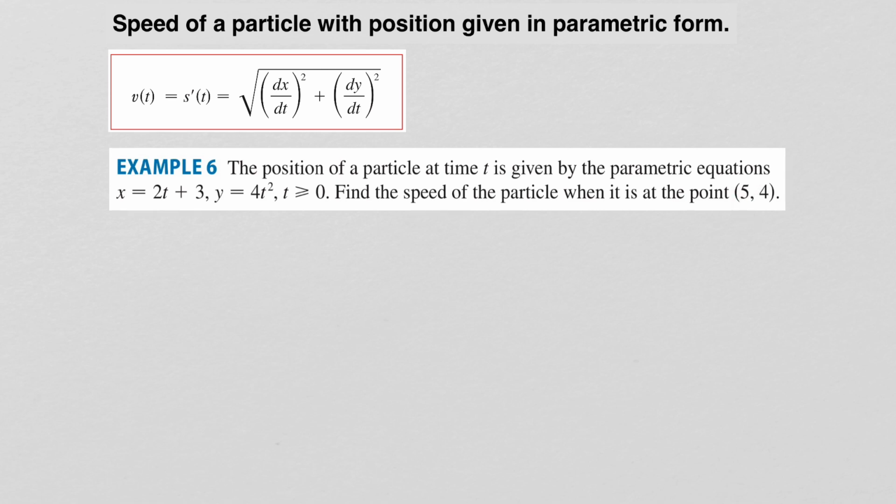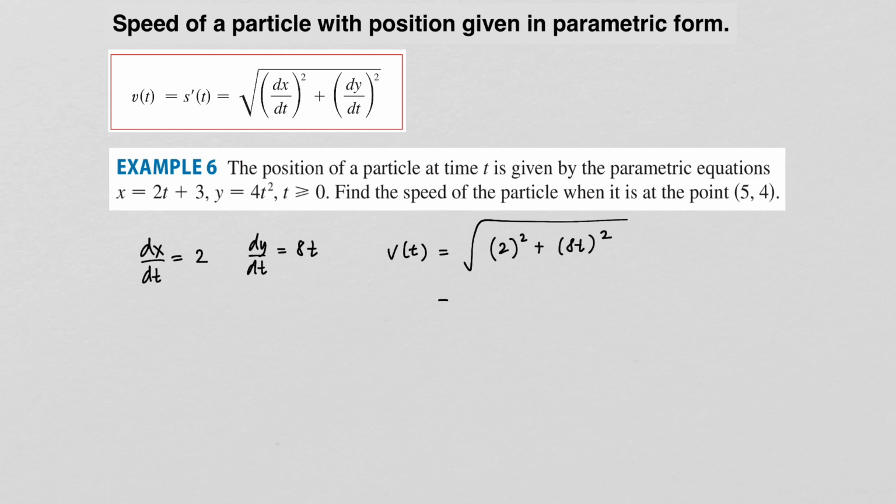To do this, the first thing we need to do is calculate the derivative dx dt, which is 2, and the derivative dy dt, which is 8t. Now, using the formula, we know that v of t is the square root of 2 squared plus 8t squared. And this is the square root of 4 plus 64t squared.